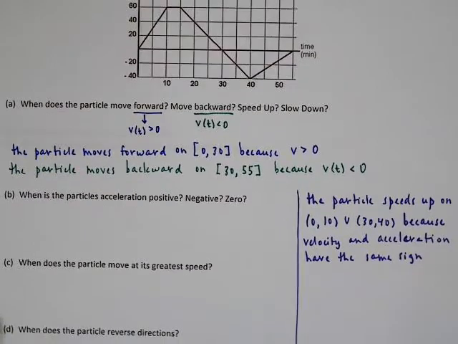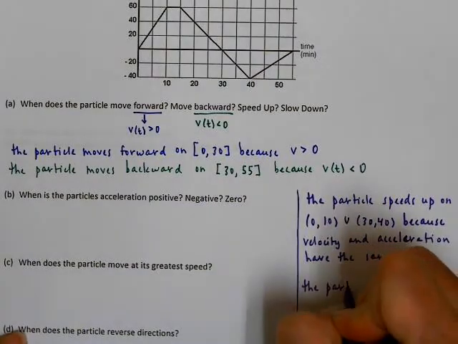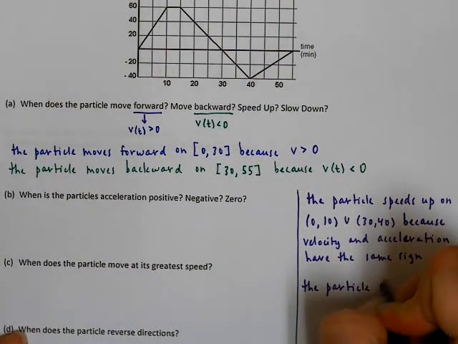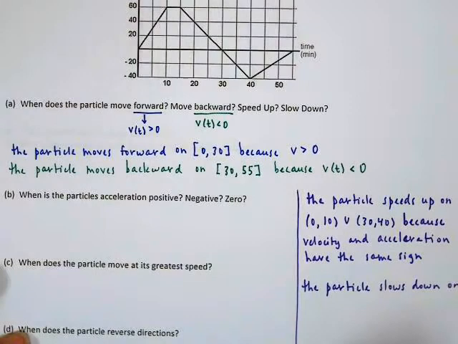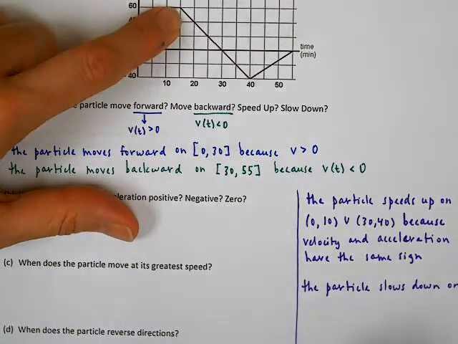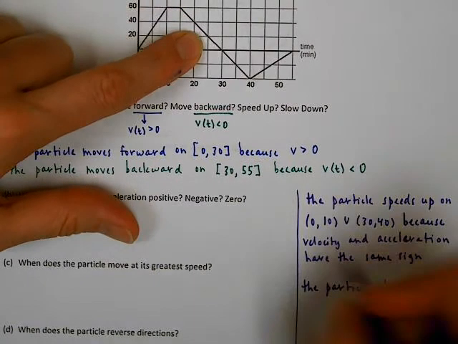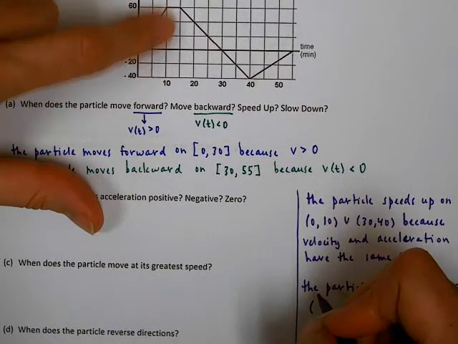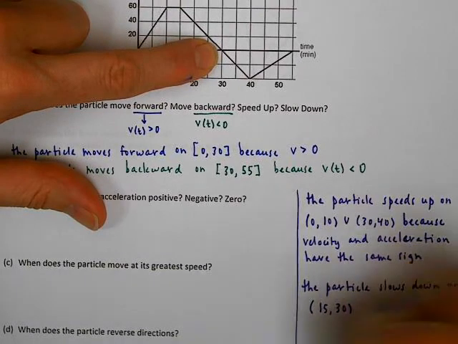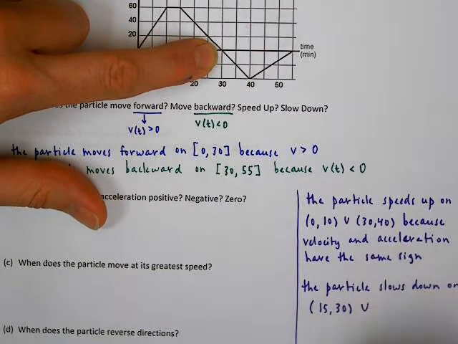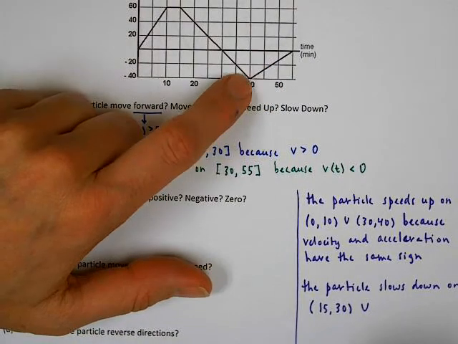Now, for slowing down, the first time I'm slowing down is going to be here, where I'm above the x-axis, but I have a negative slope. So from 15 to 30. And then I could also be slowing down when I'm below, but I have a positive slope.